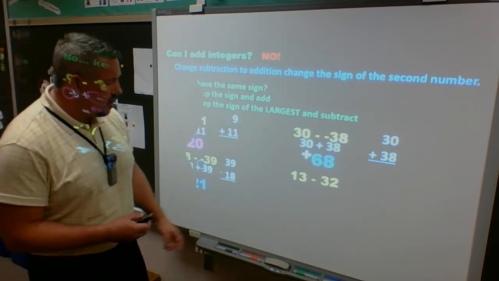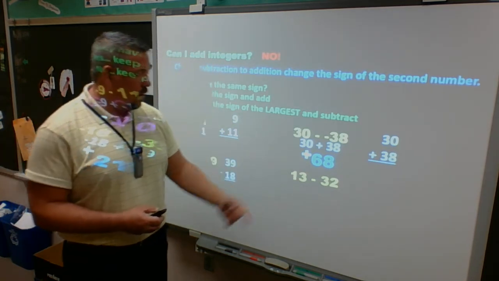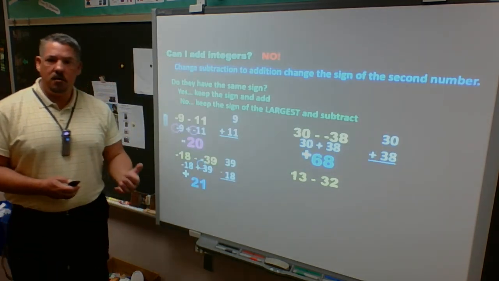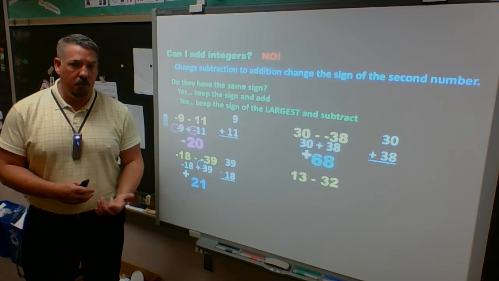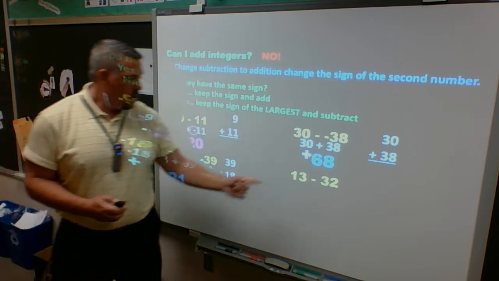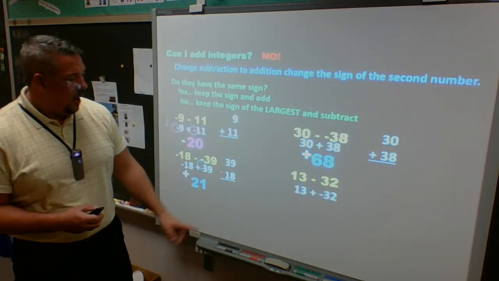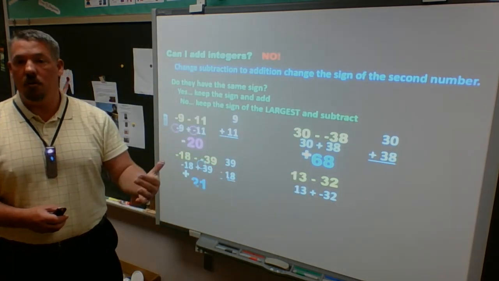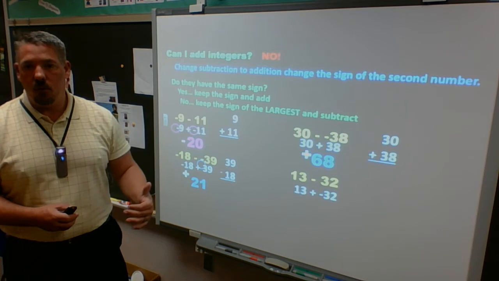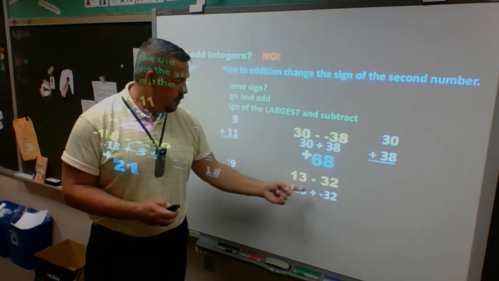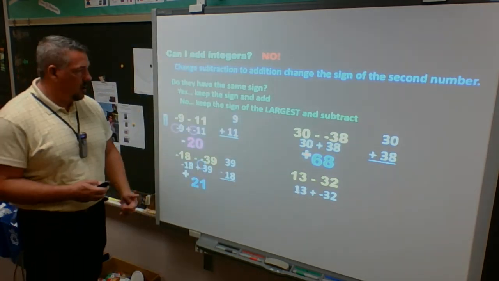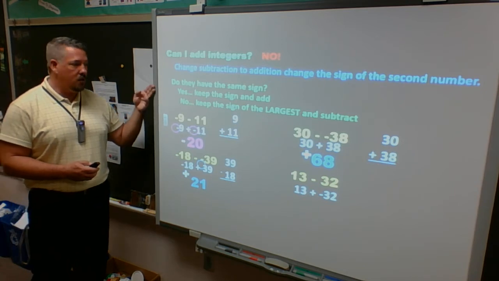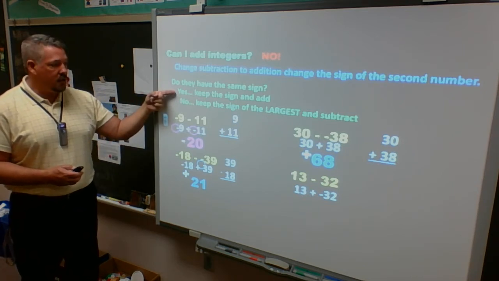And then on the last one, I have 13 minus 32. When I do my subtraction, I know that I have to change it because I cannot subtract. Subtraction becomes addition. I change the sign of the second number. There isn't a sign there. It's an understood positive, so I'm going to change it to a negative. Now I have 13 plus negative 32. I go to my addition questions. Do I have the same sign?